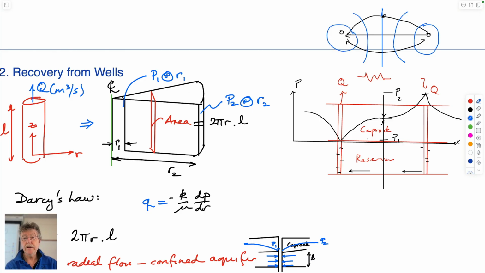So this is a neutral boundary. It's neutral in that the pressure on this boundary should be exactly half of P2 minus P1, which would be this pressure here. This would be P2, this would be P1, and this would be exactly halfway between that.